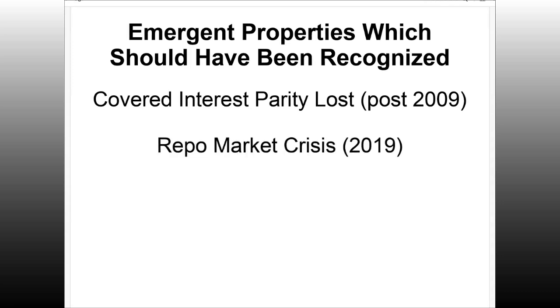All right, the second emergent property, which should have been recognized but was not, was the repo market crisis of 2019. The repo market is essentially where banks can find overnight liquidity.